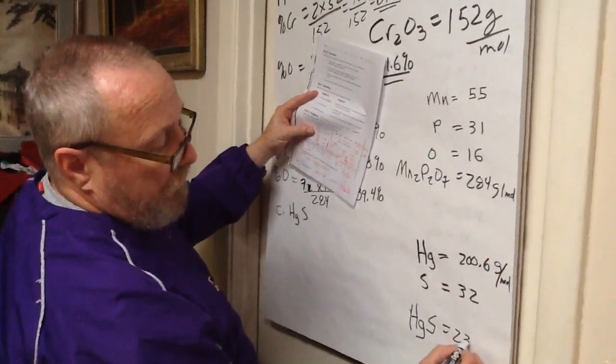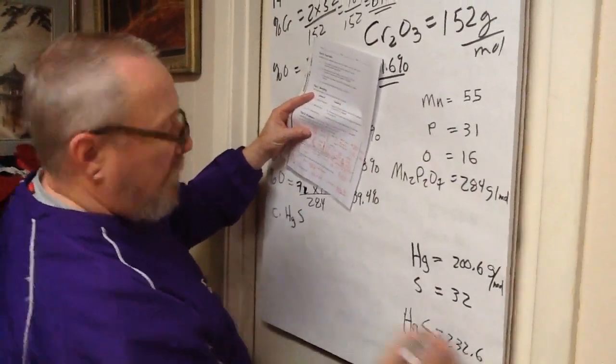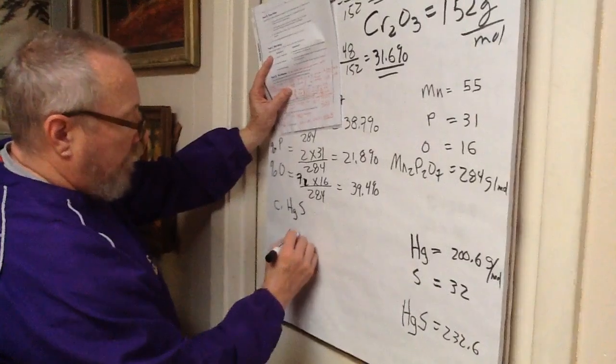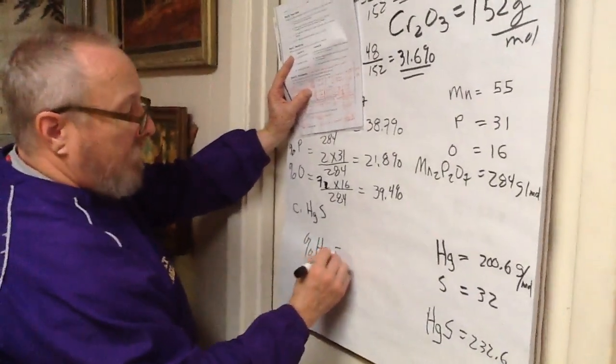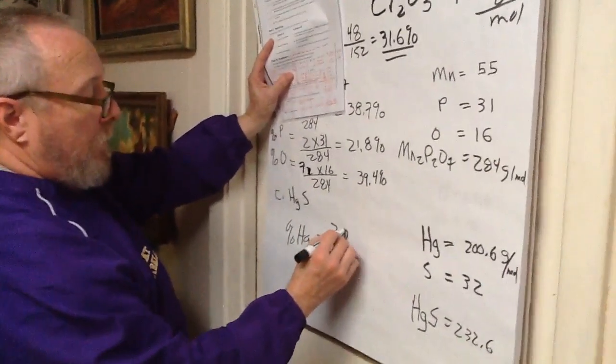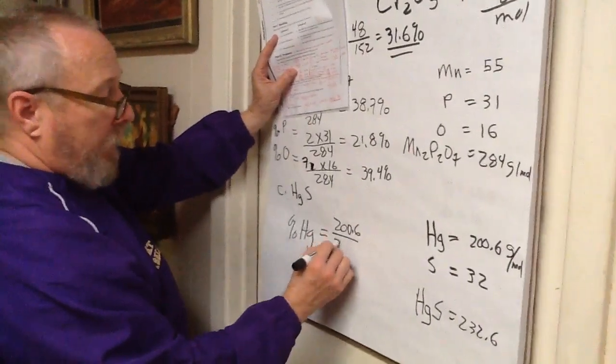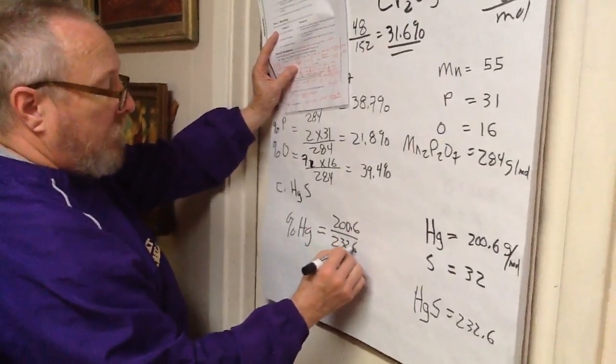so it's 232.6. So the percent mercury is equal to 200.6 divided by 232.6.